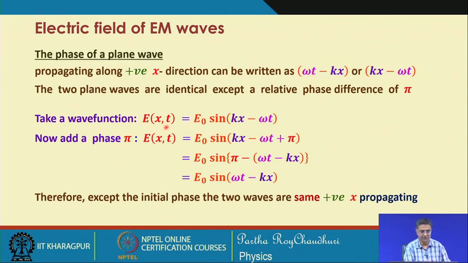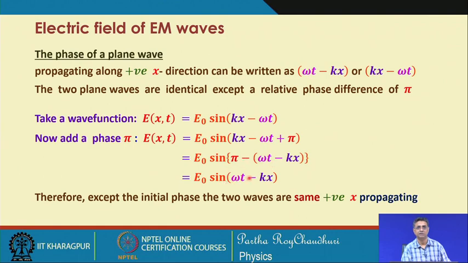Take a wave function E of x, t equal to E 0 sin k x minus omega t. Then add a phase pi, then you will get the phase factor k x minus omega t plus pi. You can write this as E 0 sin pi minus omega t minus k x.